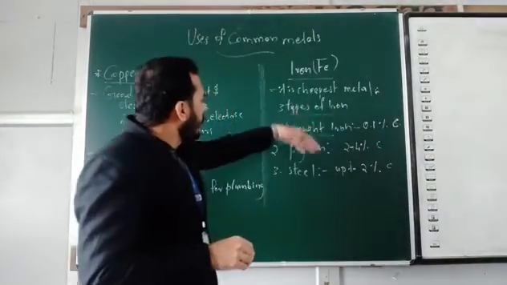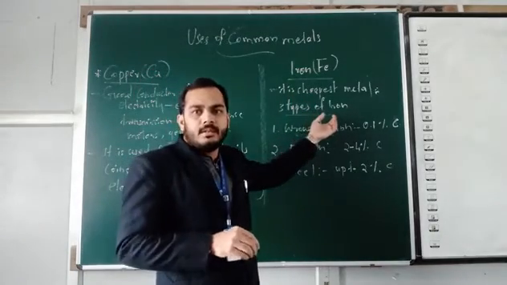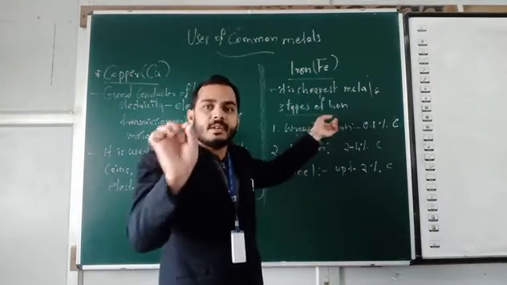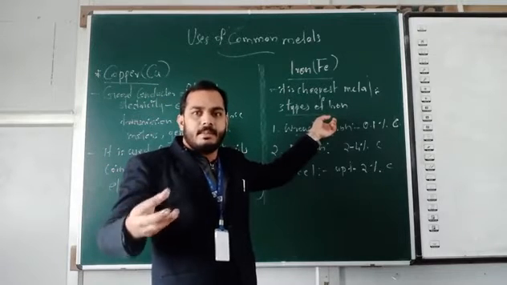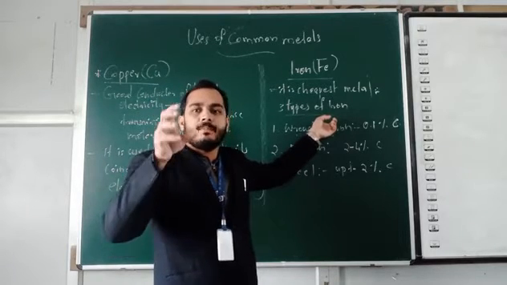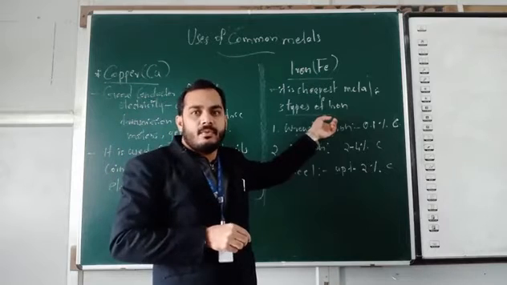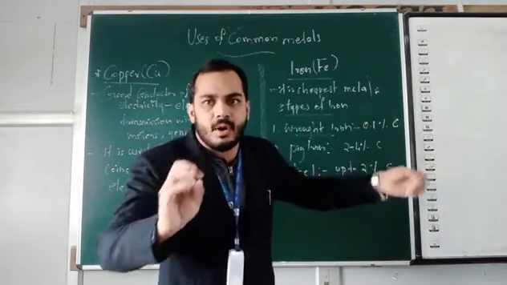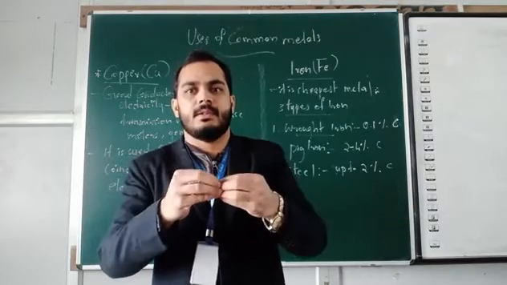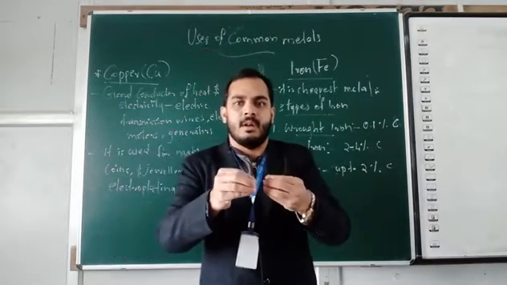According to the percentage of carbon or the percentage of other metals or non-metals, the capacity of iron increases. If we want to increase the capacity of a metal, we add metals or non-metals.